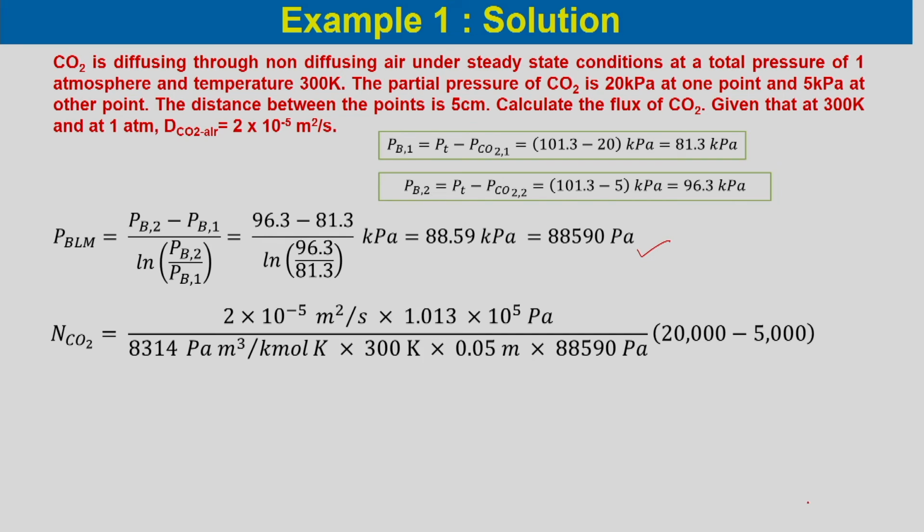Now, we can calculate the flux N_CO2. It would be equal to 2 into 10 to the power minus 5 meter square per second, into 1.013 into 10 to the power 5 pascal, divided by 8314 pascal meter cube per kilomole Kelvin into 300 Kelvin, which is the temperature, and the distance is 0.05 meter, into 88590 pascal, and the pressure differential is 20,000 minus 5,000 pascal.